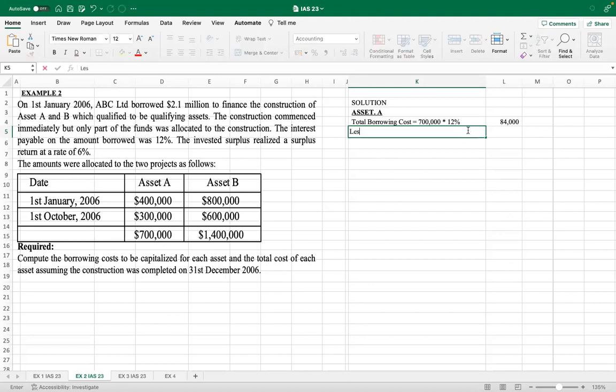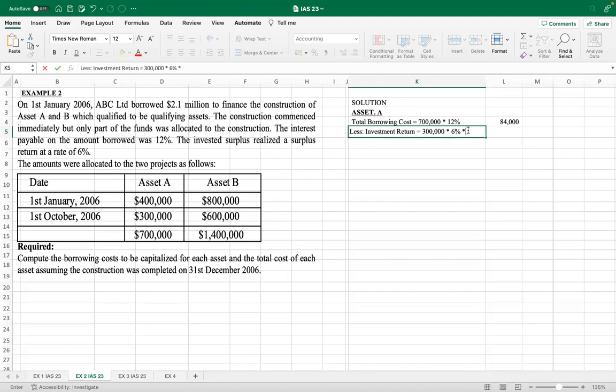So you less investment return, and the investment return is at a rate of 6%. We invested 300,000, the amount we were not using immediately, at a rate of 6%, from 1st January to 1st October.